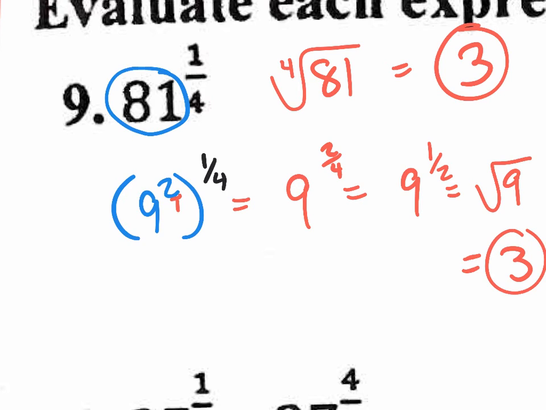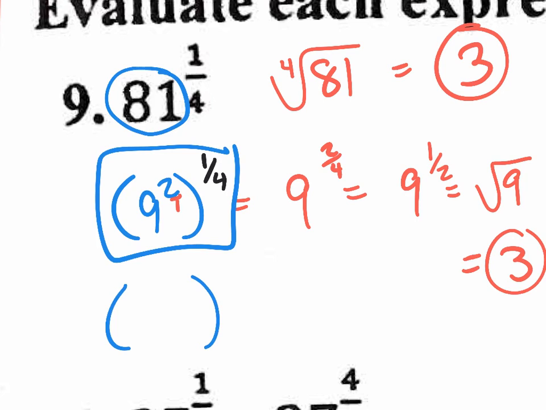So many different ways. As a matter of fact, you could have actually taken, like right here, that 9 squared to the 1/4 power, and you could have rewritten it, instead of 9 squared, you could have said 3 squared to the 1/4.